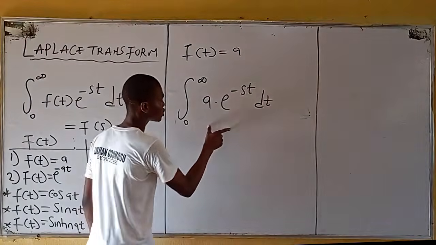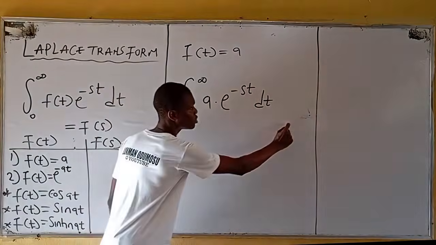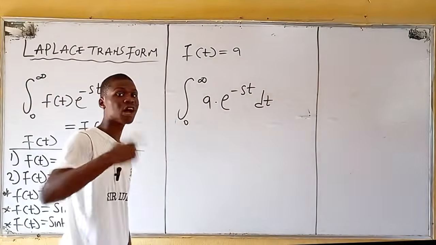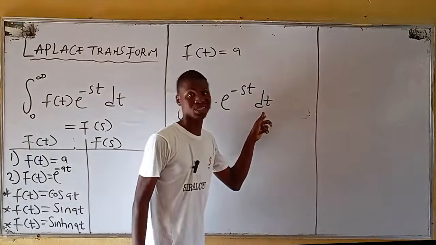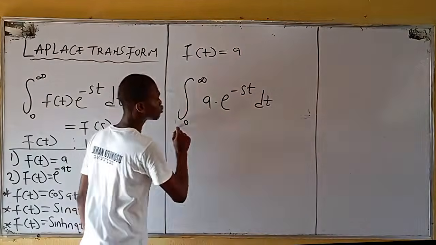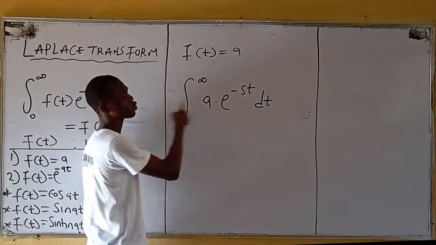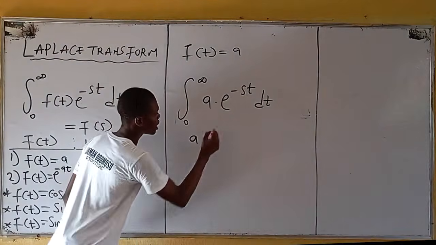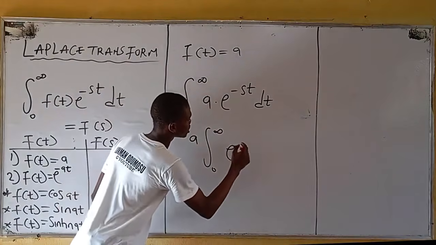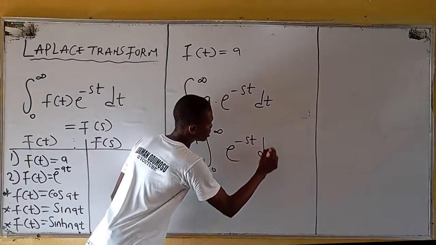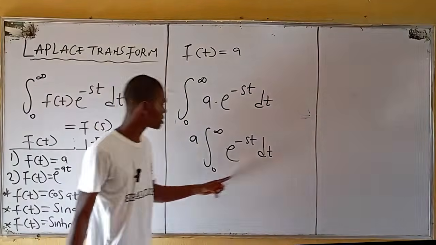All my integration is with respect to t. Then, of course, I can factor out my constant. It becomes a times the integral from 0 to infinity of exponential negative st dt.